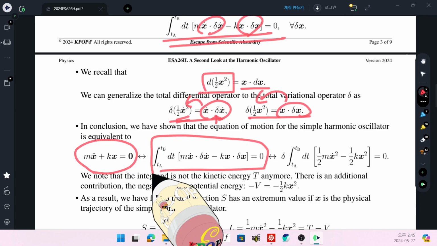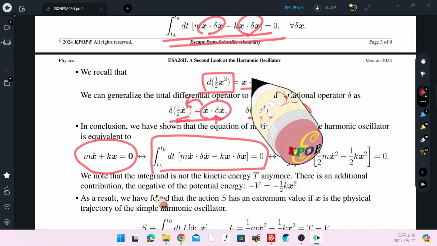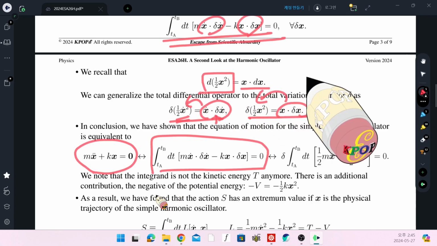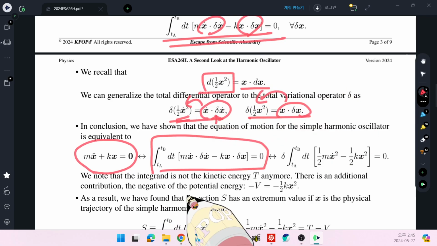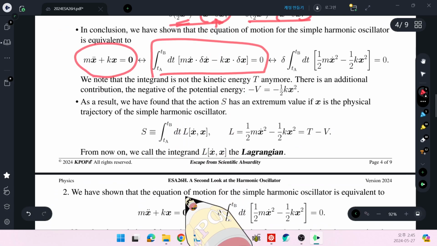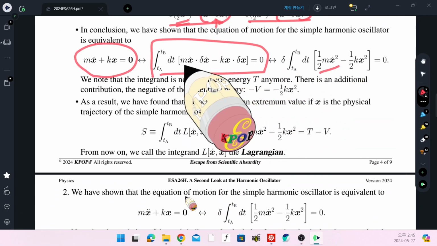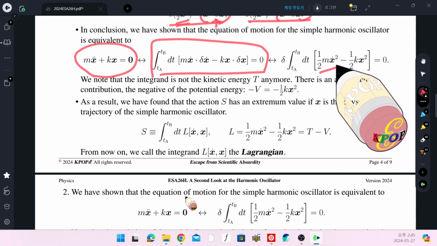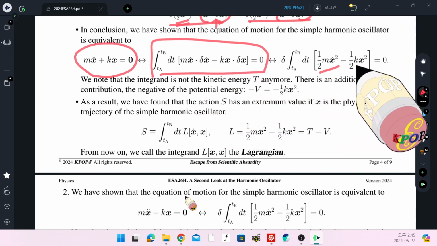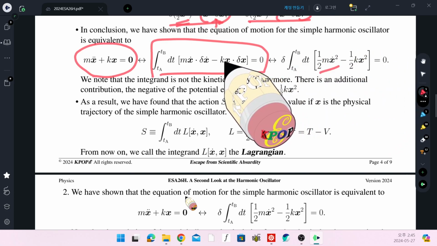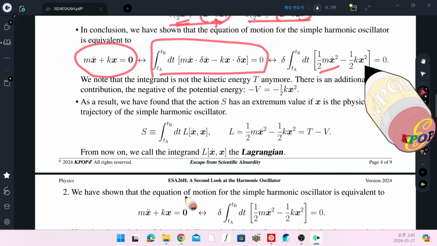But as soon as we apply Leibniz rule for the derivative generalized to the variation, we arrive at the variation of 1/2 mass times velocity squared minus 1/2 spring constant x squared.